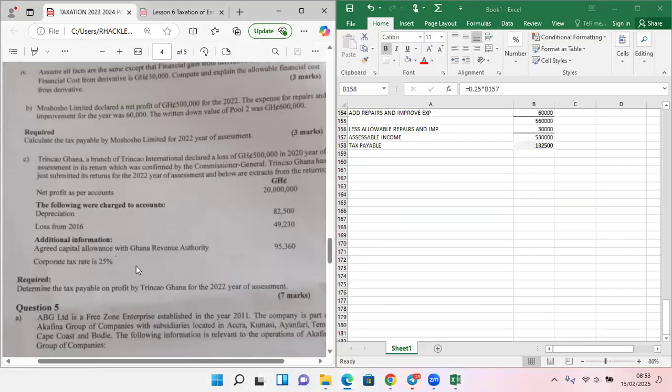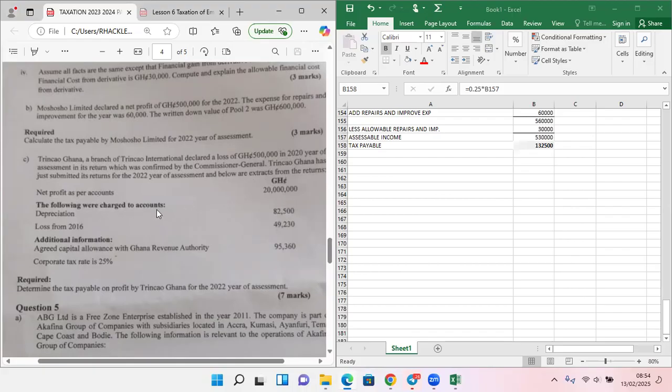Chicago Ghana is a branch of Chicago International and declared a loss of 500,000 in the 2020 year of assessment in its return, which was confirmed by the Commissioner General. Chicago has just submitted its returns for the 2022 year of assessment, and below are extracts from the returns. Net profit as per accounts is this.